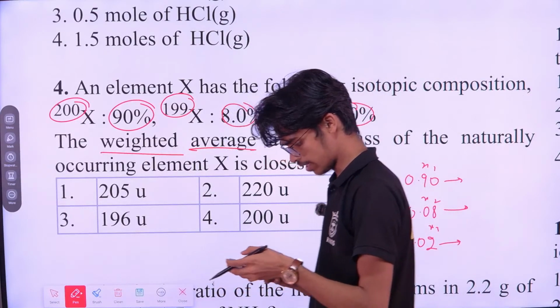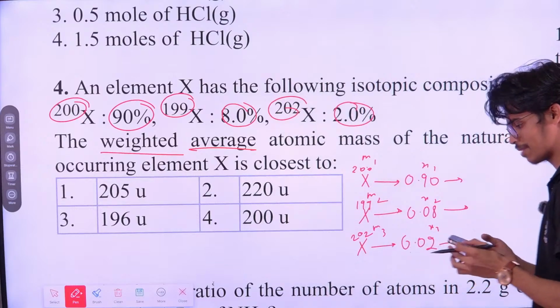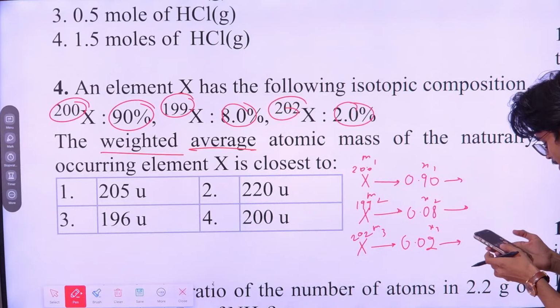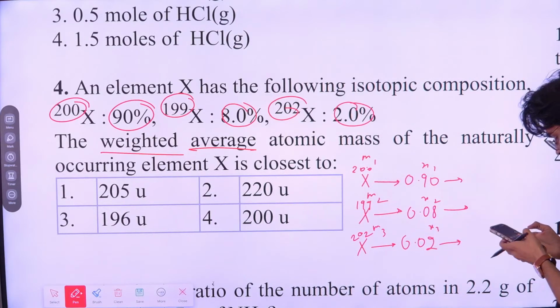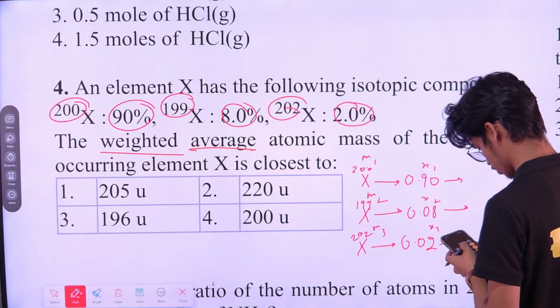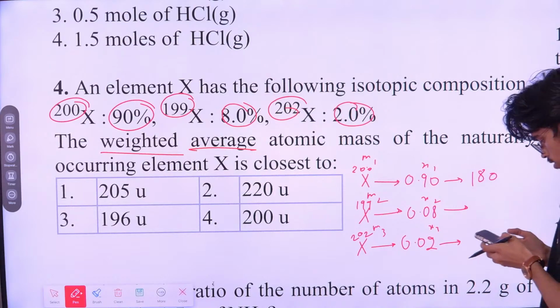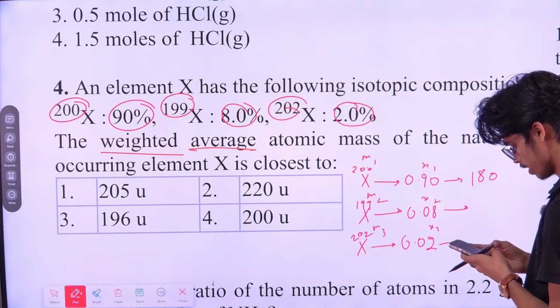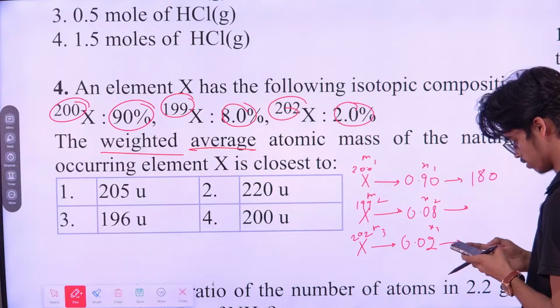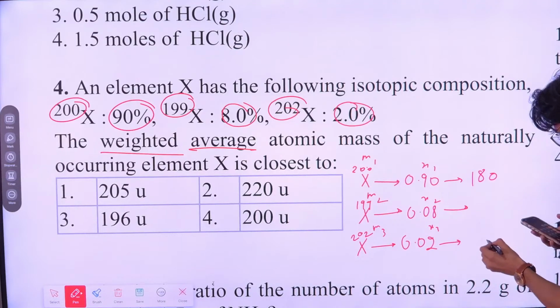Now let's calculate, okay. I am going to use a calculator, but you should not use a calculator, make sure you keep it in mind. Now 200 into 0.90, okay. Now it is 180. Again 199 into 0.08, okay, so 15.92.